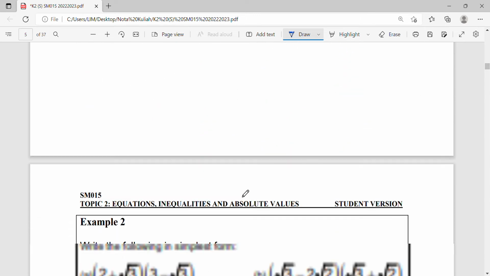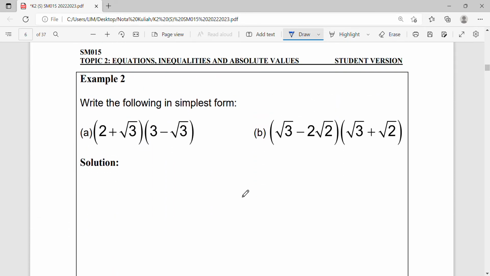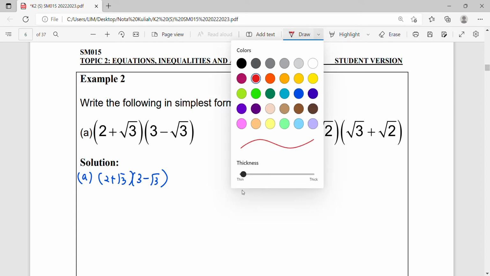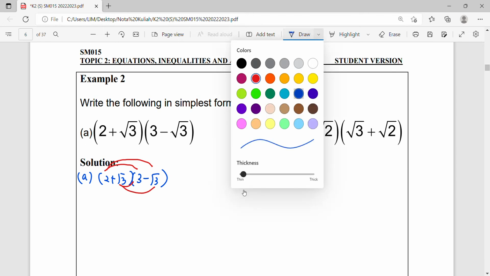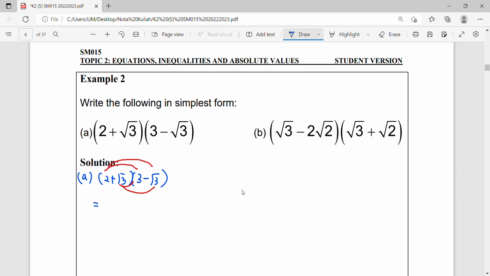So we go for our example. Simplify 2 plus surd 3 times 3 minus surd 3. So when you want to simplify this, expand one by one. 2 times 3, 6. 2 times negative surd 3. 2 doesn't have surd, right?